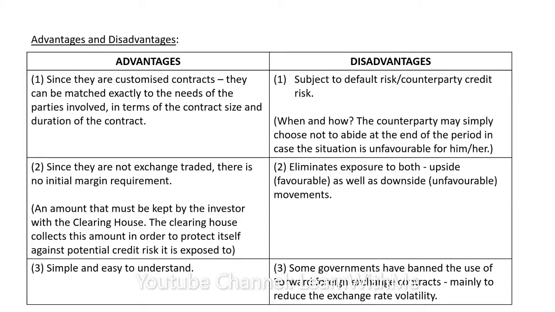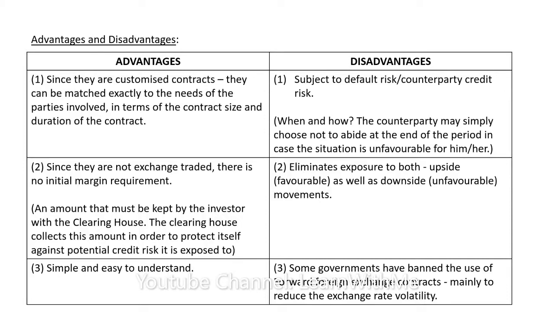Second, unlike the exchange traded foreign exchange hedging instruments, a forward contract does not really require an initial margin. What happens in case of the other foreign exchange hedging instruments such as futures and options is that since there is an exchange involved, since there is a clearing house involved, the investors are expected to deposit and maintain a certain amount with the clearing house.